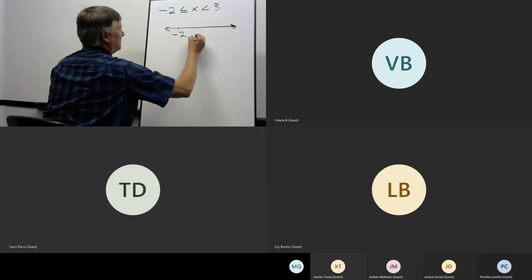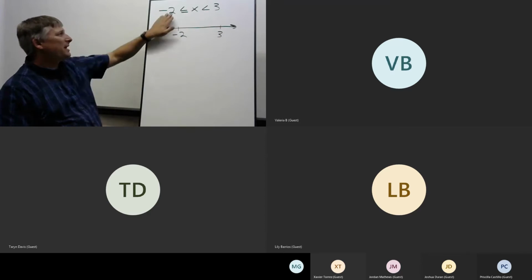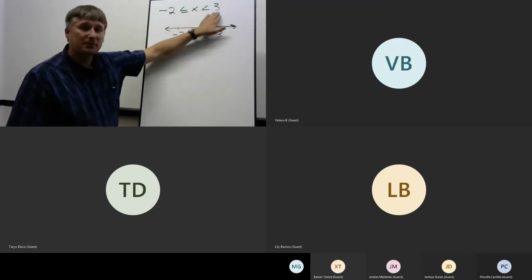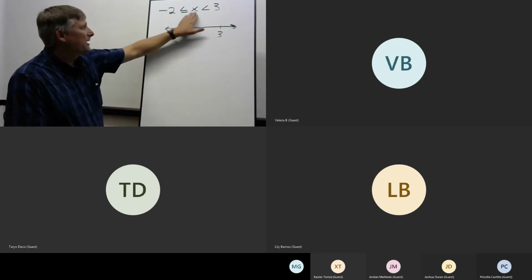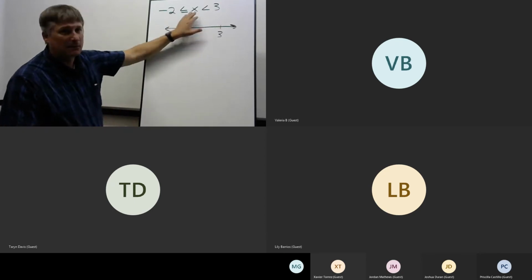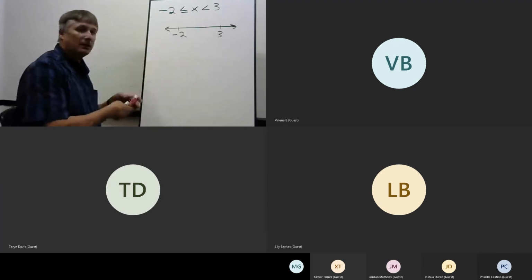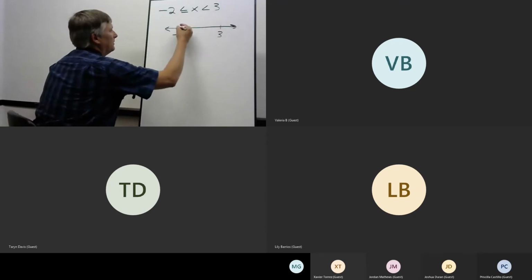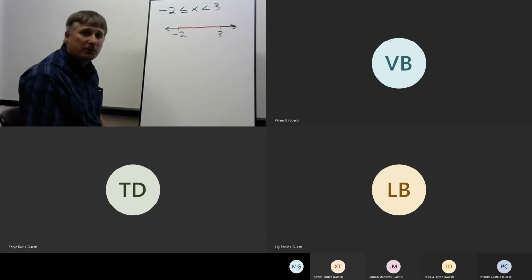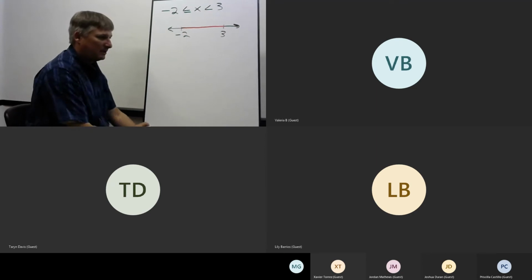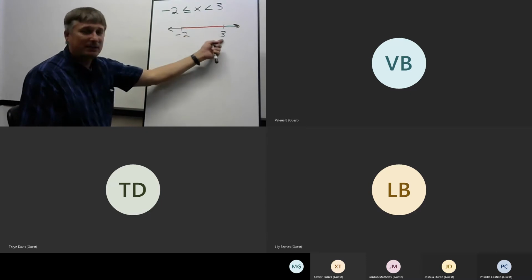We're looking at -2 and we're looking at +3. So -2 is the smallest number, +3 is the biggest number. Now that being the case, x means any number. This is any number between -2 and 3. So we can just shade in everything between -2 and 3. Now, the question is, do we get to keep -2 and do we get to keep 3?